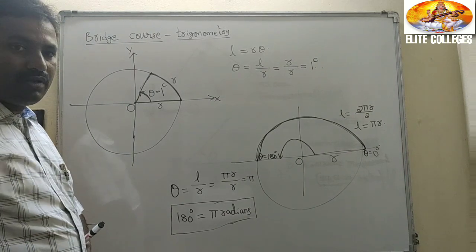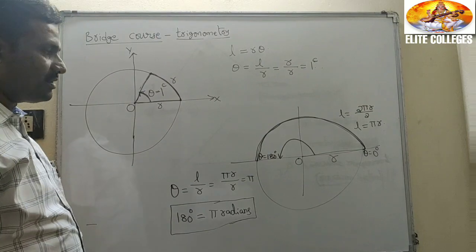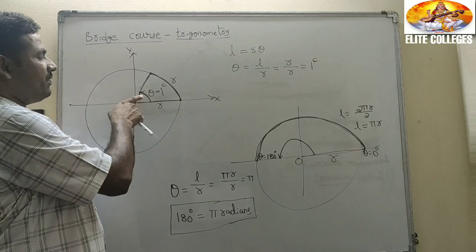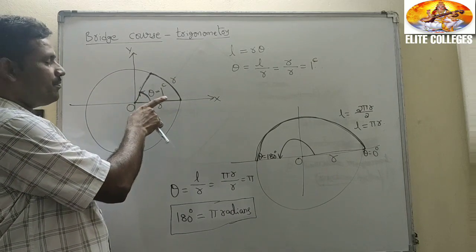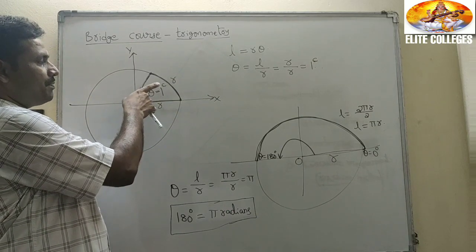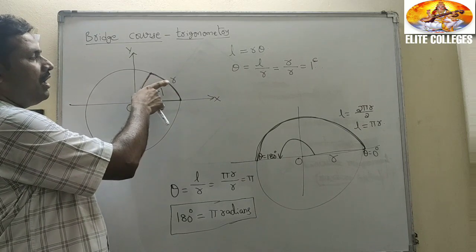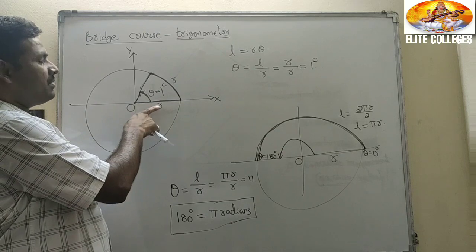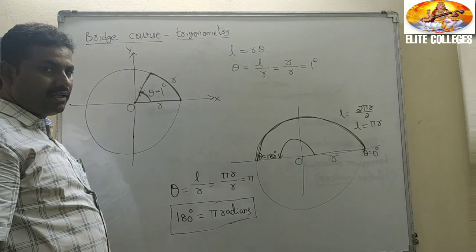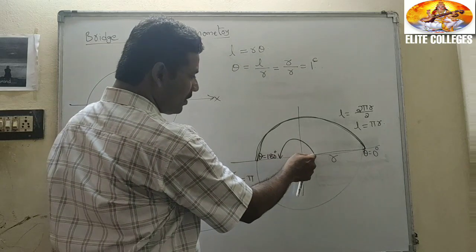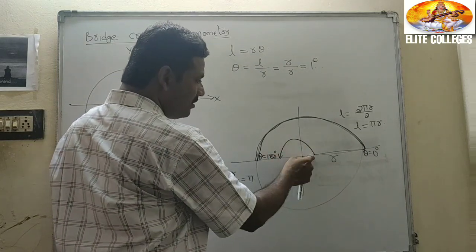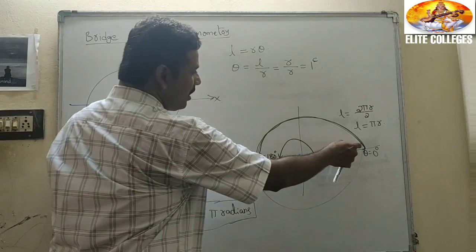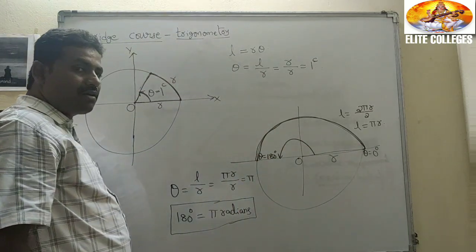Is it okay? Right. I will tell you once again. What is the radian? The amount of an angle subtended by an arc length of r units of a circle of radius r units. This is 1 radian. Now see this one. From here to here, what is the angle? 180 degrees. What is the arc length?